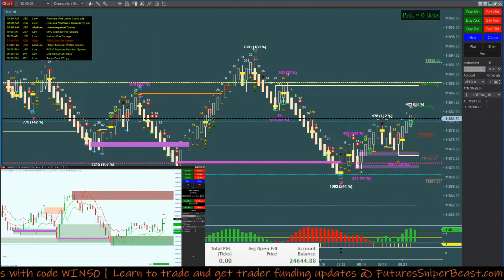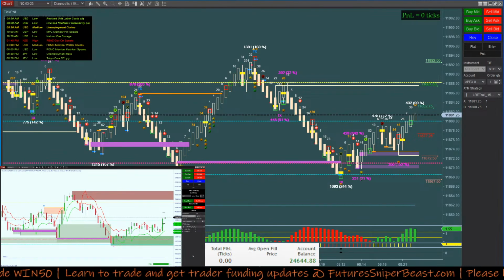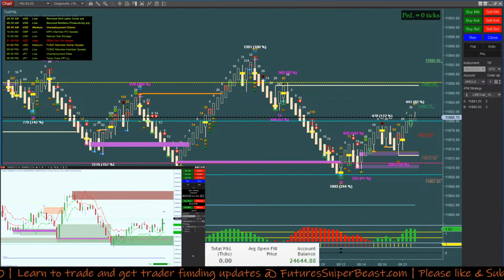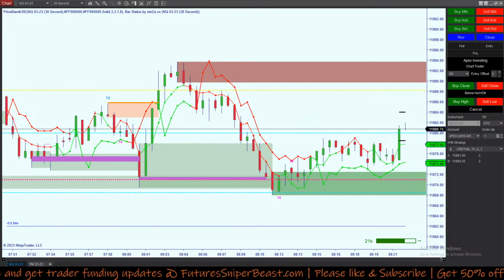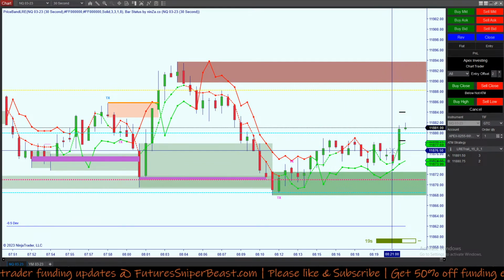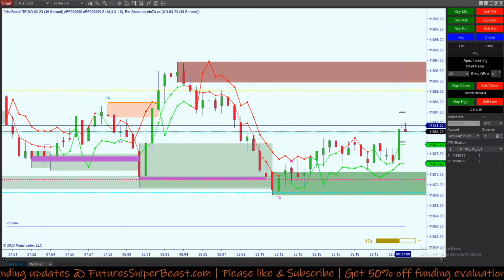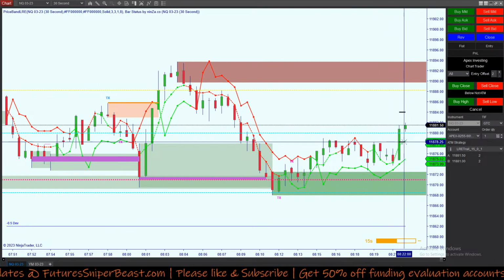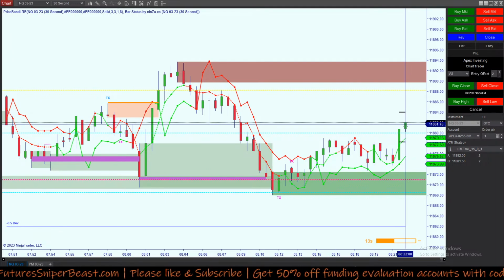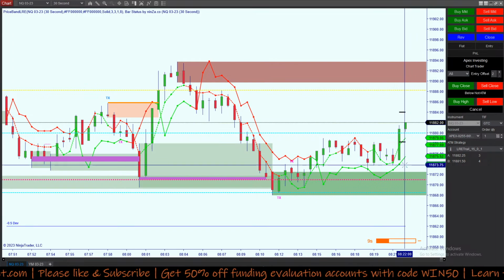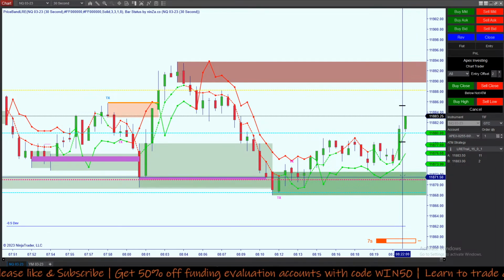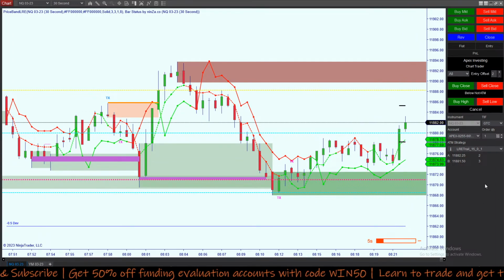So, got a big bar on the simplicity chart here. I don't enter on big bars. So then we're looking at a pretty big stop there.